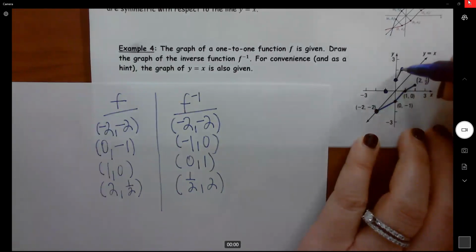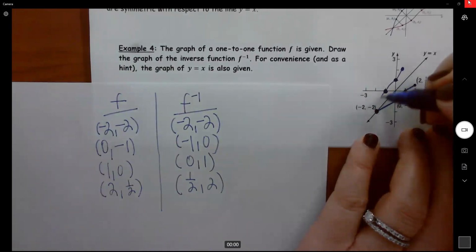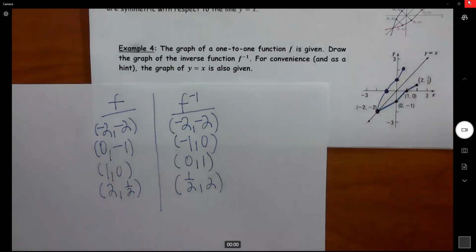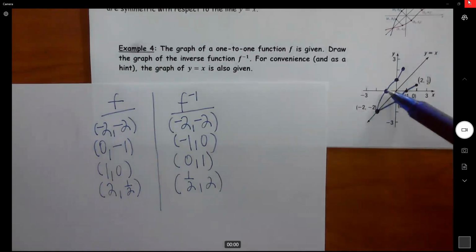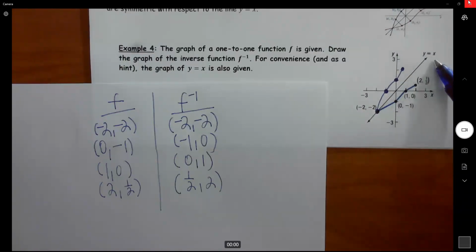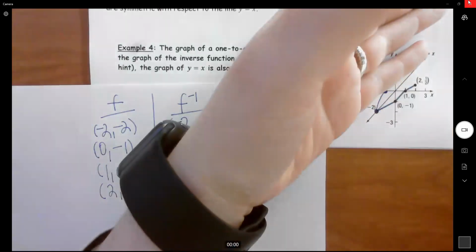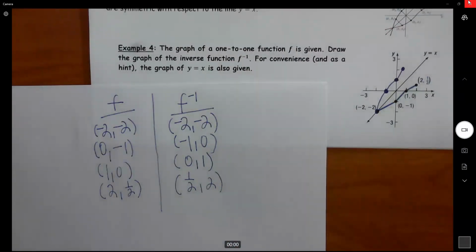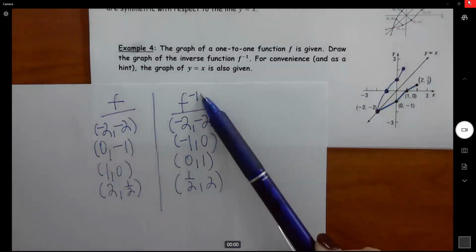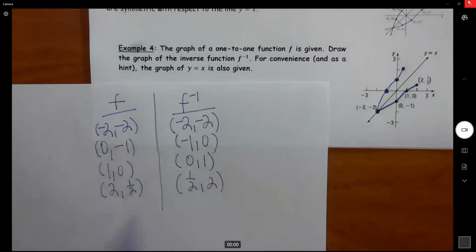And so when I connect my dots, we get the same shape on the other side of my y equals x line. If you take this here and you fold it over, it's a mirror image of each other. So to go from function to inverse, you're just switching your x and y's.